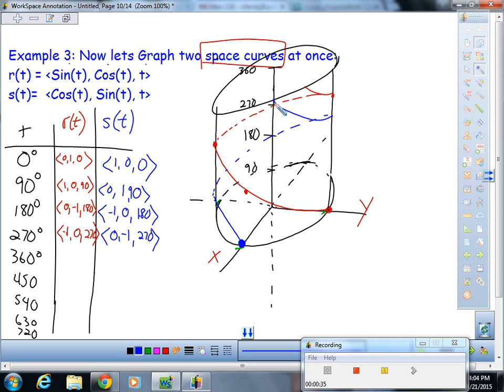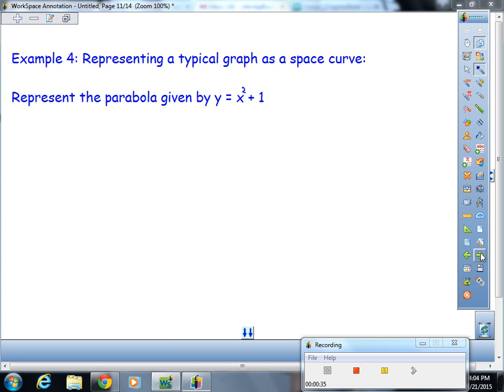Or if we changed this to like a negative sign, if we had r of t, and we did negative sine t, comma negative cosine t, comma t, that would give us our helix. Okay, so you can kind of think about some of the things that you're comfortable with, familiar with, and how they're going to be represented by vector valued functions.